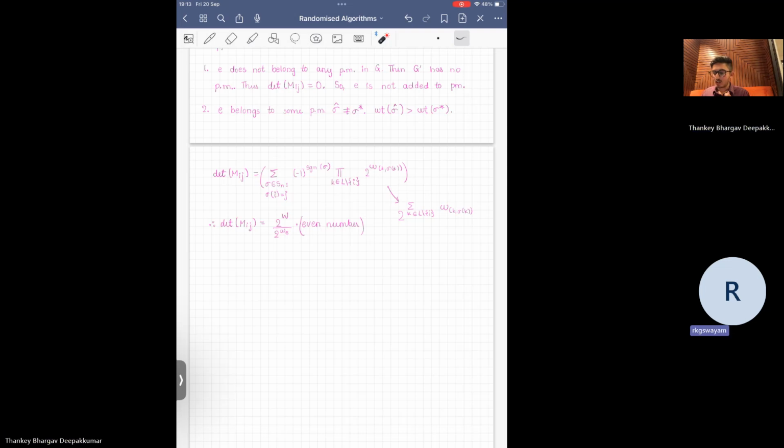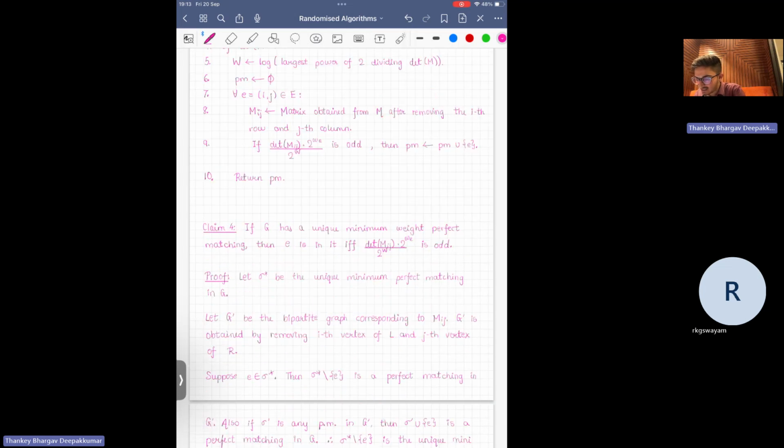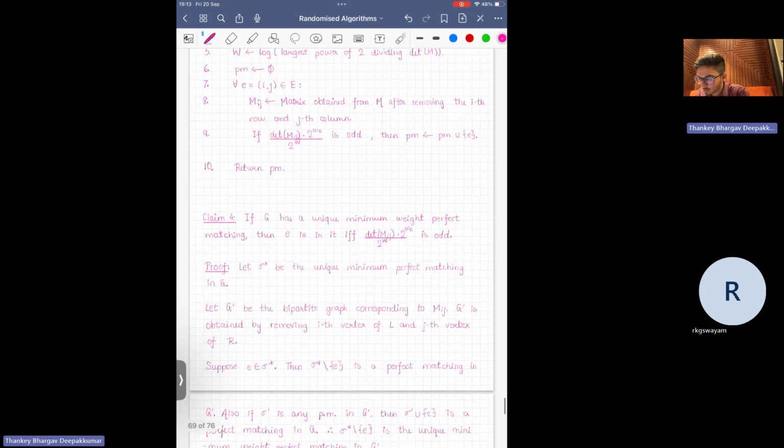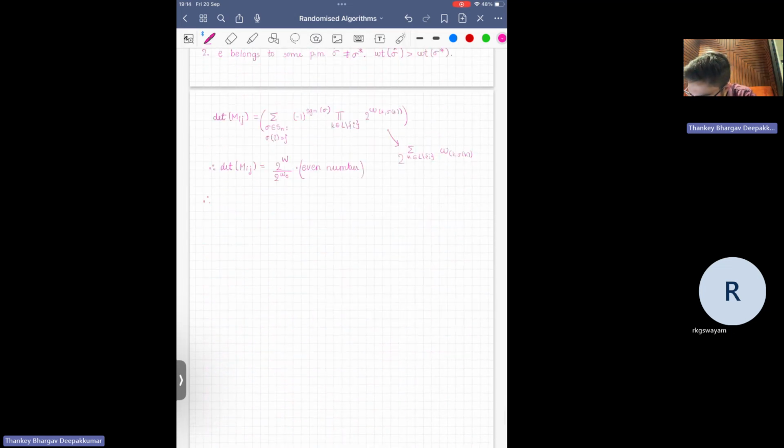So in this case, this thing looks like this. What are we checking? We are checking that the determinant of Mij times 2 to the WE over 2 to the capital W is an even number.